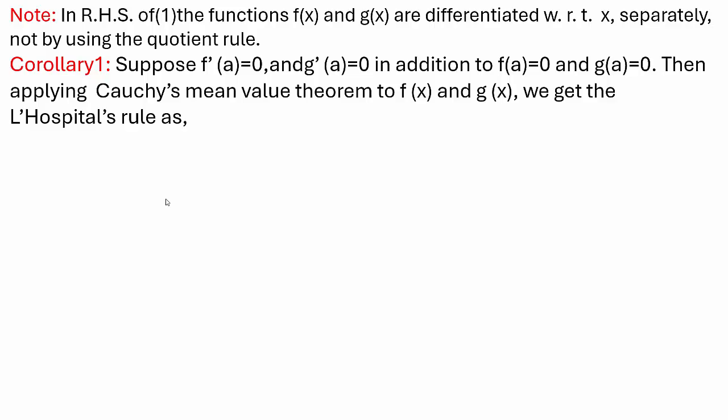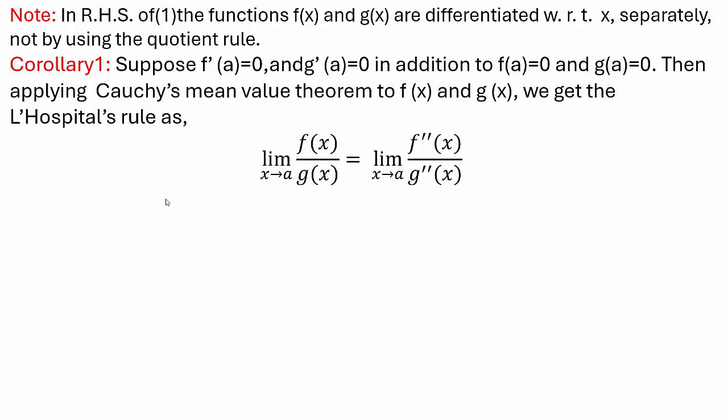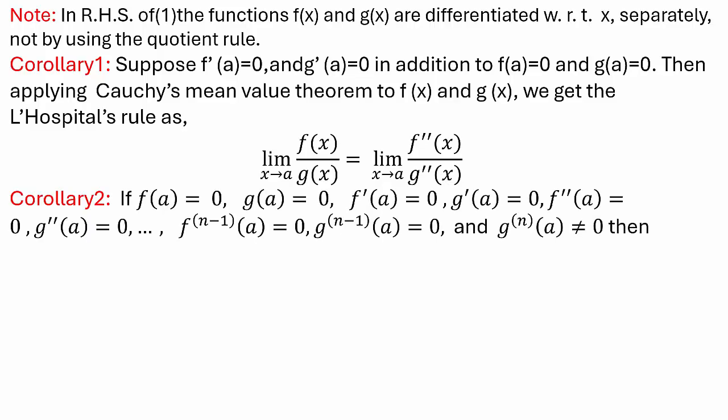Then, by applying Cauchy's mean value theorem to f'(x) and g'(x), we get L'Hospital rule as limit x tends to a of f(x) by g(x) equal to limit x tends to a of f''(x) divided by g''(x).